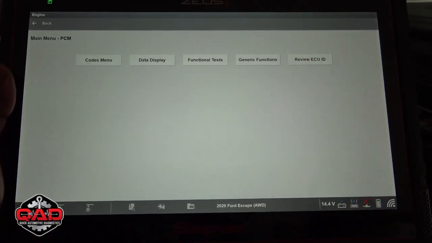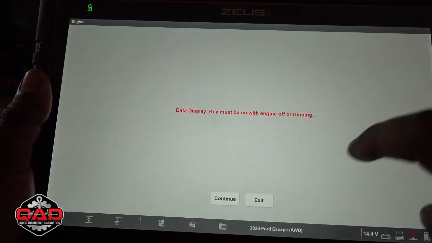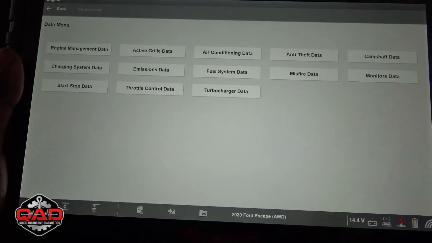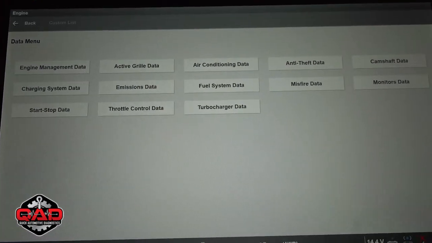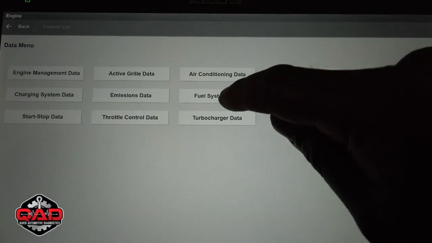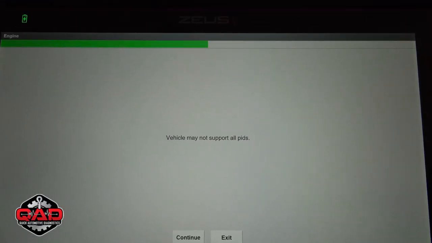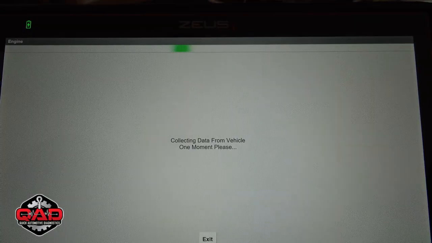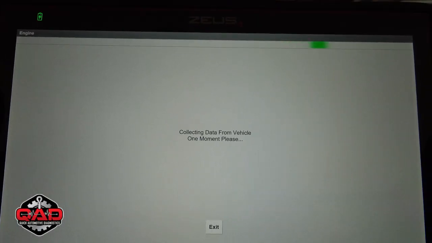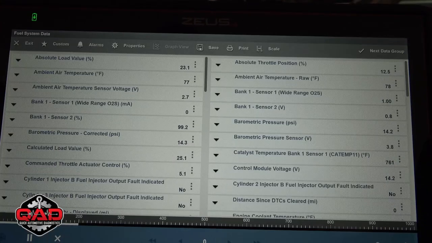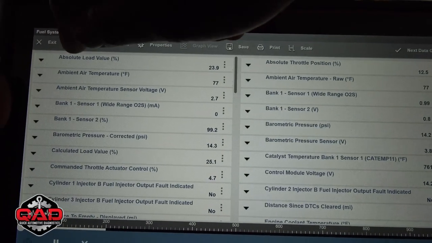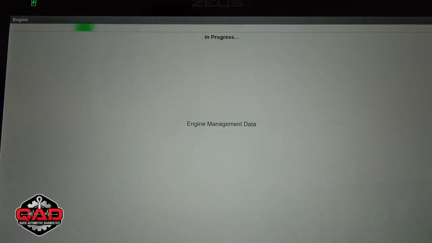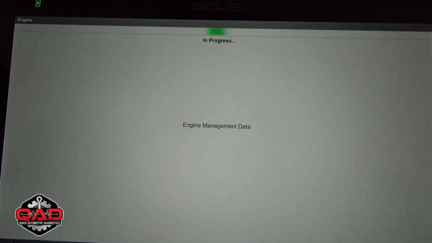Okay, so we're gonna go right into the data. We're gonna go to fuel data. This is sometimes confusing, so we're gonna just customize this so we see what we need.